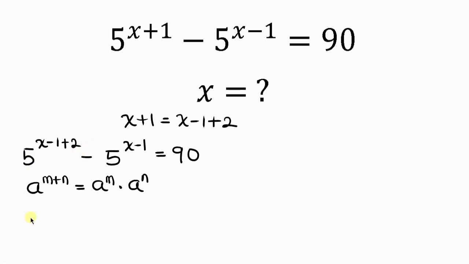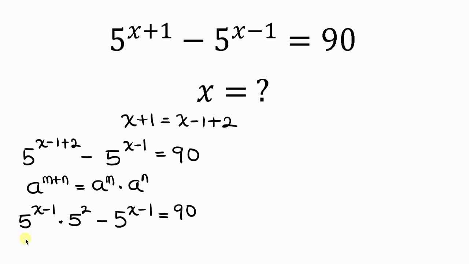So this becomes 5 to the x minus 1 times 5 to the 2 minus 5 to the x minus 1 equal to 90.